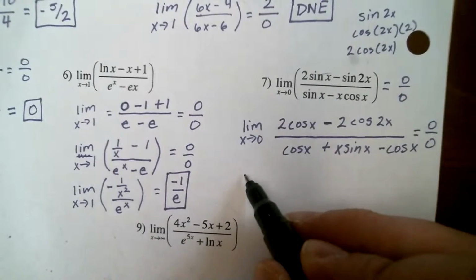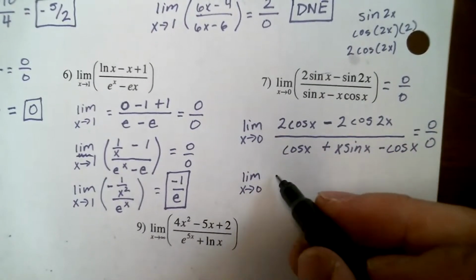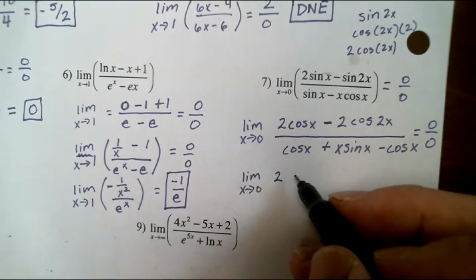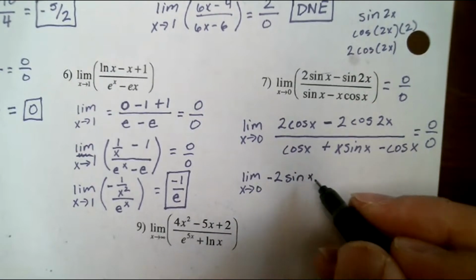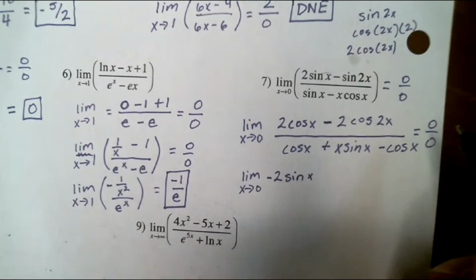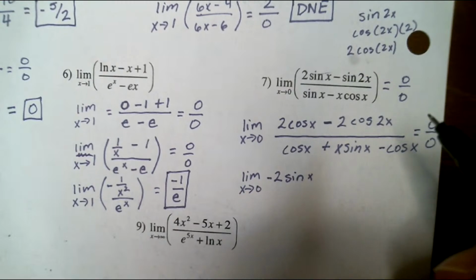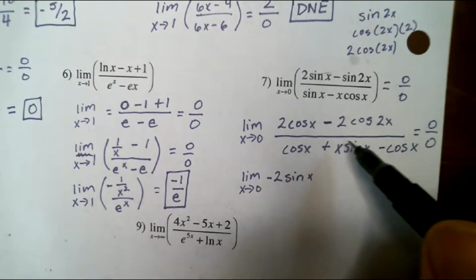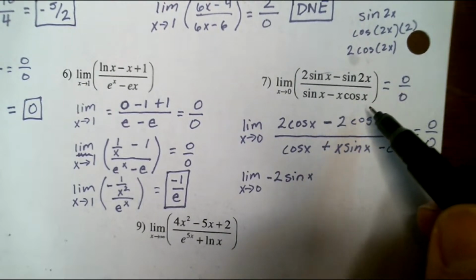Okay, so then we derive again. So the limit of x going to 0. Take that 2 to the side. So 2, and then the derivative of cosine would be actually negative sine x. So let's say negative 2 sine x. And then right over here, this is product rule. So take the first times the derivative of the other one.